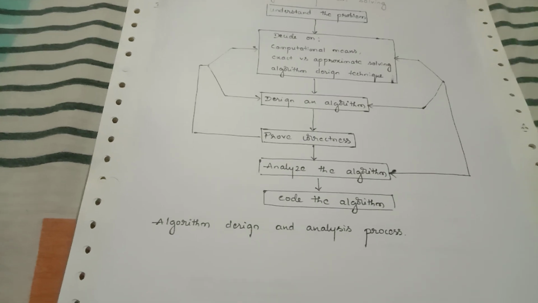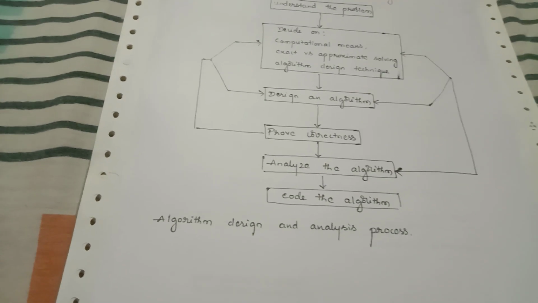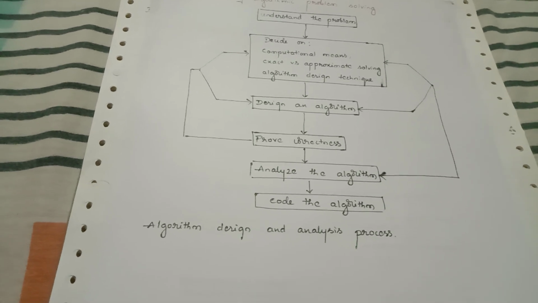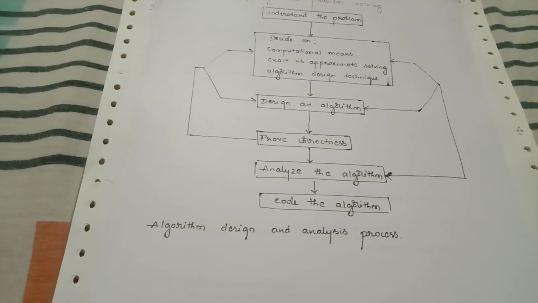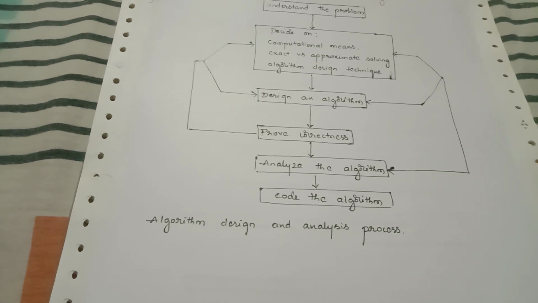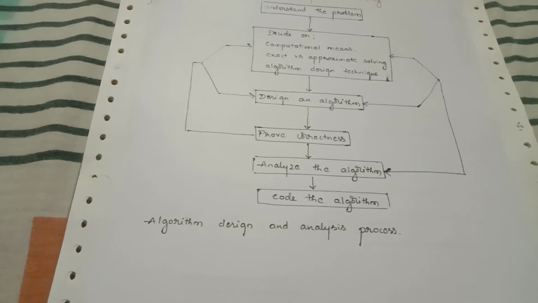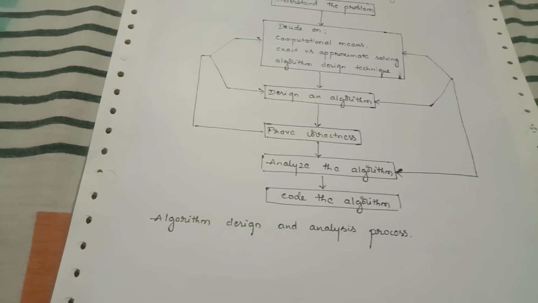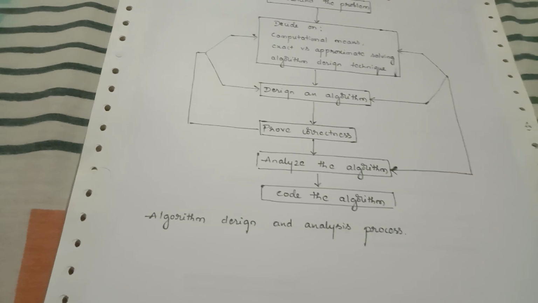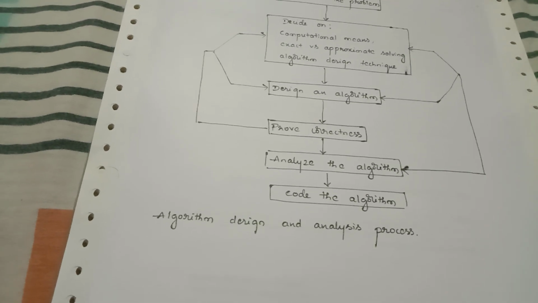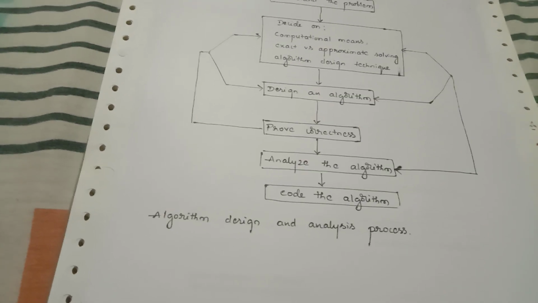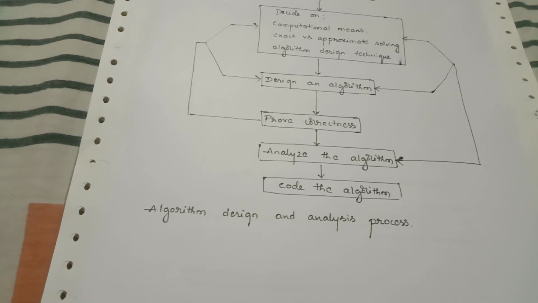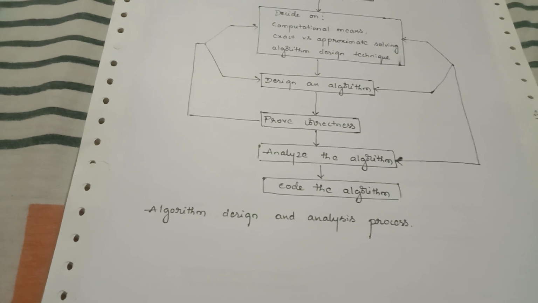We have to follow these steps one after another, and you can see the arrow marks here. If you are not able to prove the correctness of the algorithm, you can go back and make some changes, maybe to the exact versus approximate algorithm choice or the algorithm design technique, and you can change the design of the algorithm.